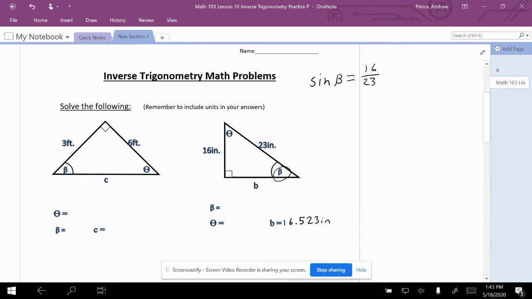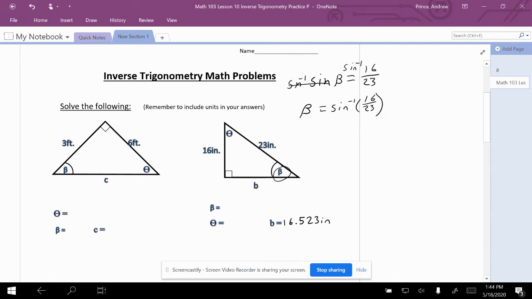And again, our variable this time is B, so that's the thing we want to get by itself. So what we're going to do is the opposite to both sides. We're going to take the inverse sine, and the inverse sine and sine on the other side cancel out. So B is going to equal the inverse sine of 16 over 23.